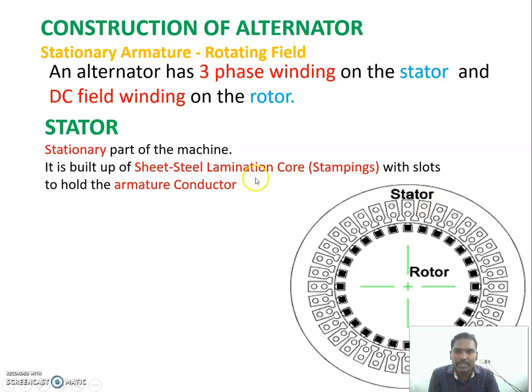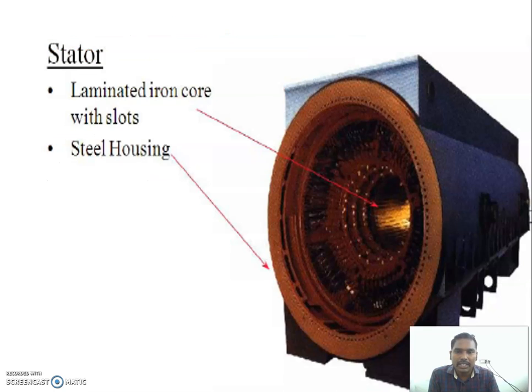The stampings build the steel lamination with slots to hold the armature conductors. This is the place where we place the armature conductors. The armature winding is connected in star. We have star connection and delta connection, and we are connecting the armature as star.